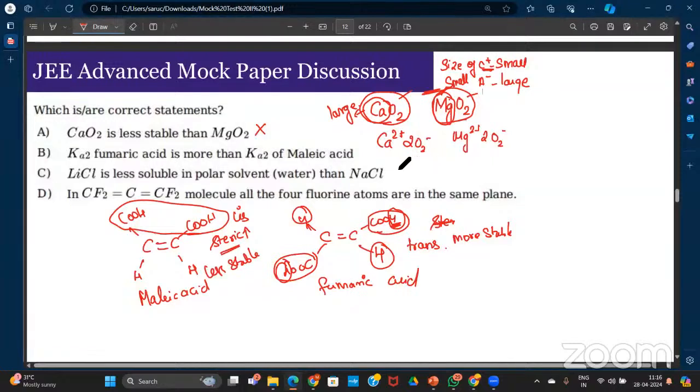We know that a stronger acid gives a more stable conjugate base. So if you write the conjugate base, you will be removing hydrogen over here, so COO minus, COO minus, and here also COO minus, COO minus. Now we know that among cis and trans, which is more stable, cis isomer or trans isomer?